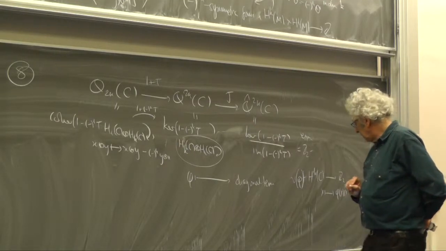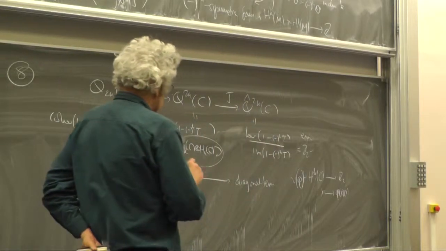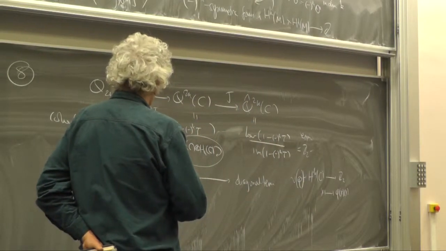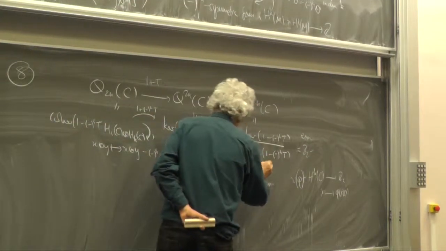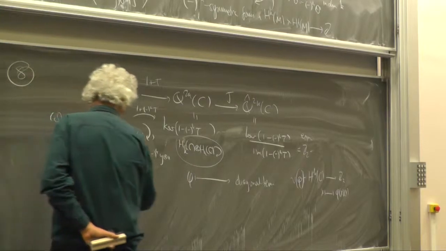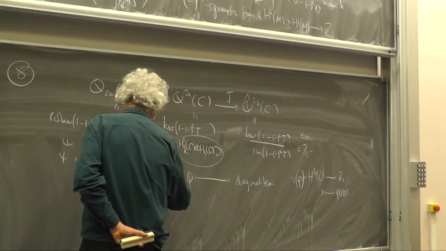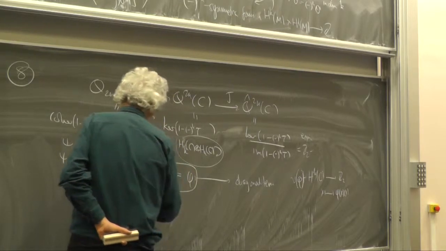This is almost a linear map. So the crucial thing here is that having a reason why this is close to 0 in here is the same as being able to express phi like this.